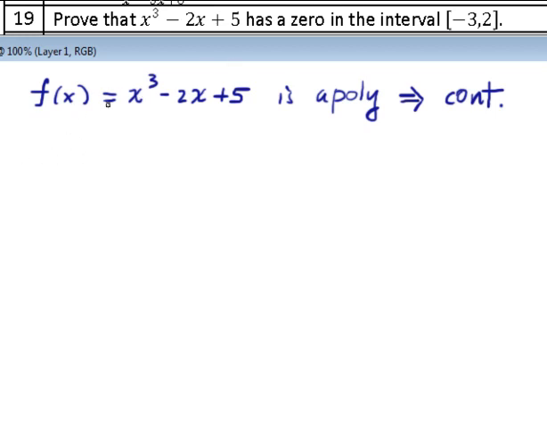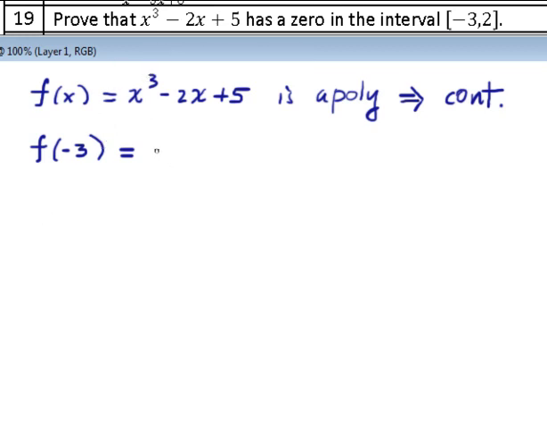All right, now what we're going to do is look at our function evaluated at minus 3 and then evaluated at 2. So let's say f of minus 3. So we want to see the value of the function at the starting point in our interval. Okay, so substitute in minus 3.